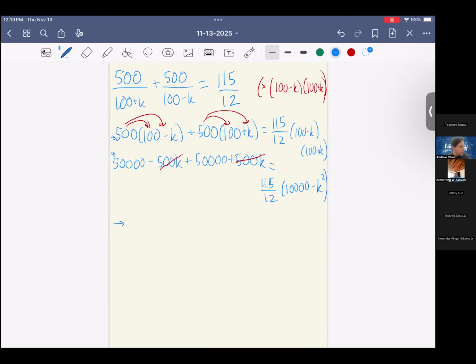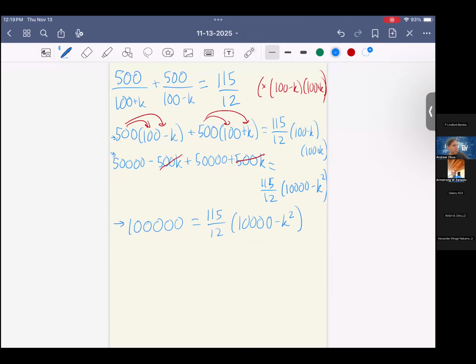And so what we end up with is just 50,000 plus 50,000, so that's 100,000, is equal to 115 over 12 times 100,000 minus k squared. Let's maybe instead of multiplying it out, let me just copy it for now, to make it easier for understanding.